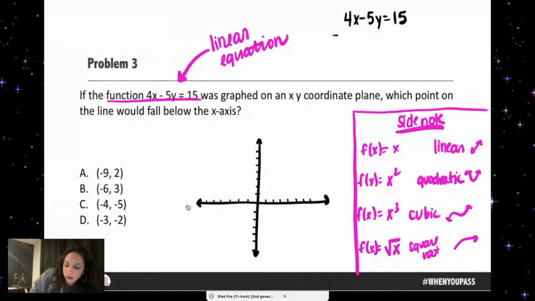So I'm going to subtract 4x from both sides because when I transform that, I need the y to be by itself. So I have negative 5y equals negative 4x plus 15. I'm going to divide everything by negative 5.